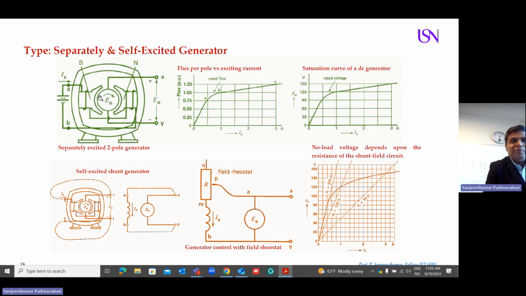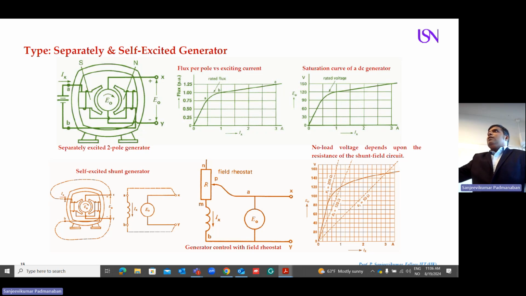What is the meaning? I am making these north and south poles produce more flux. How to do that? Increase the DC power supply from 0 to maximum. So I'm increasing from 0 to the maximum of 3 ampere. You can see the flux reaches 1.25 in per unit. What is the meaning of 1.25? More than 100%.